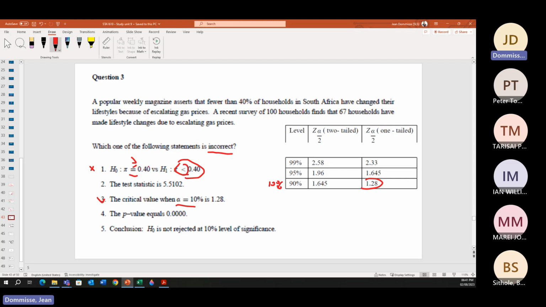Okay, so as you guys would have seen, again, we looked at the hypothesis. This one we already identified as being one tail.